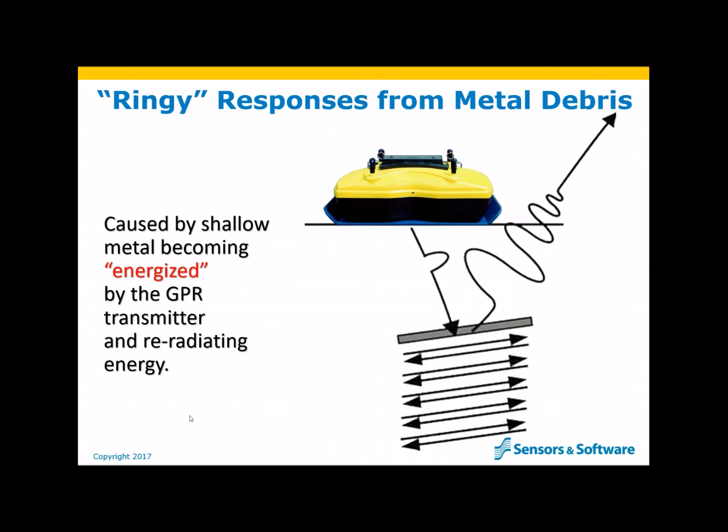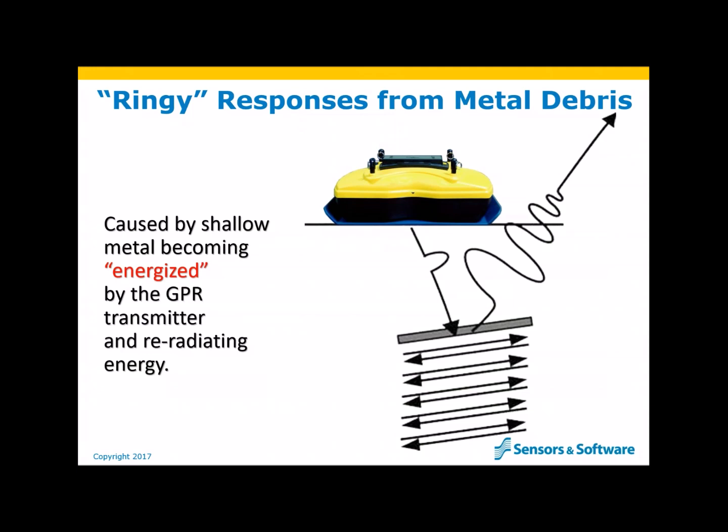I want to discuss a special point object that you will see a lot if you use GPR in urban areas. Small, shallow metal objects, usually metal debris that is left in the subsurface after construction. It is a special object because of the response that it creates in a GPR section.